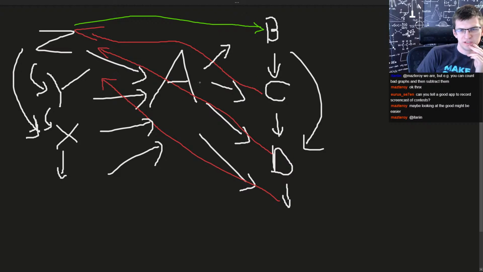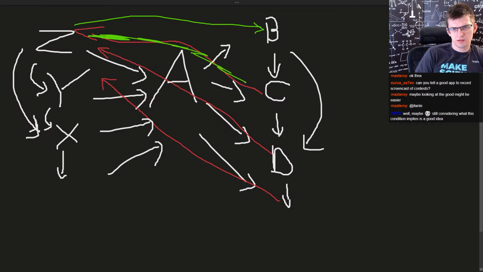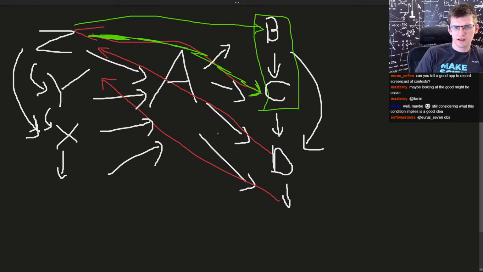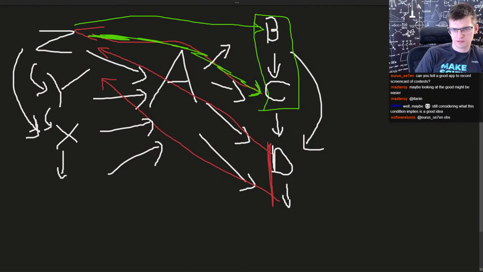But then BCZ is a triangle. And I think there is nothing wrong about it. Actually, from C also maybe there is an edge to... no, I mean from Z to C. I think just from Z there will be edges to some prefix of the right side. And then to Z there will be edges from some suffix of this right side.